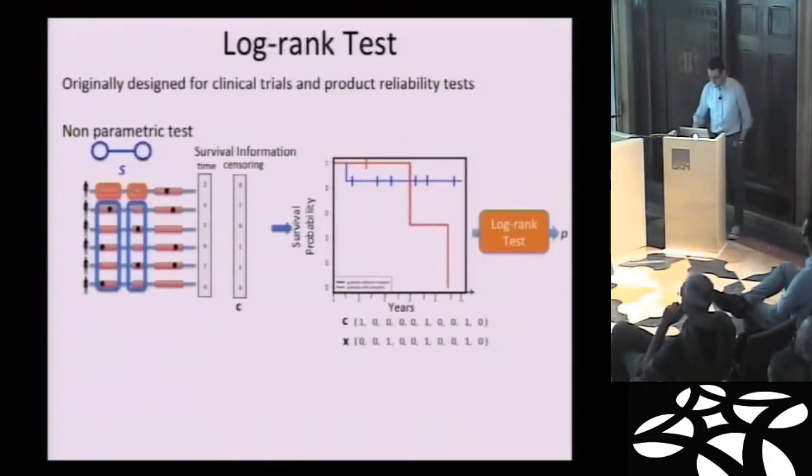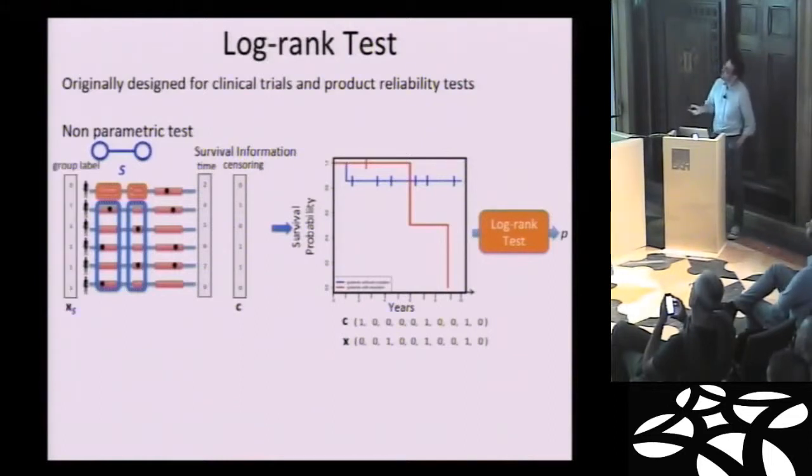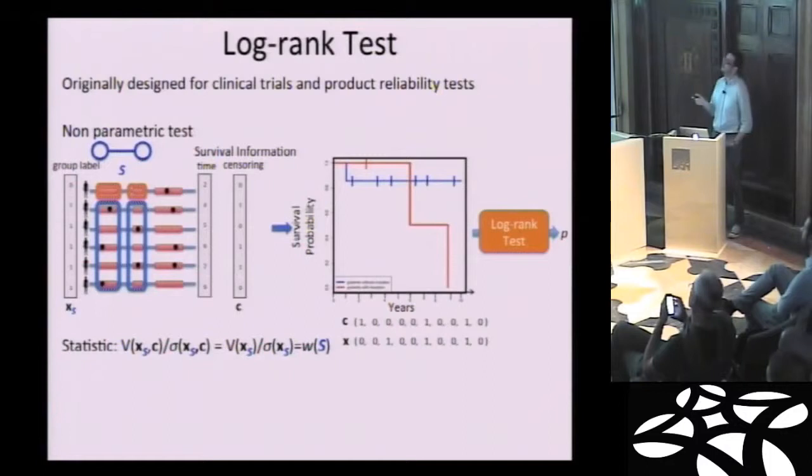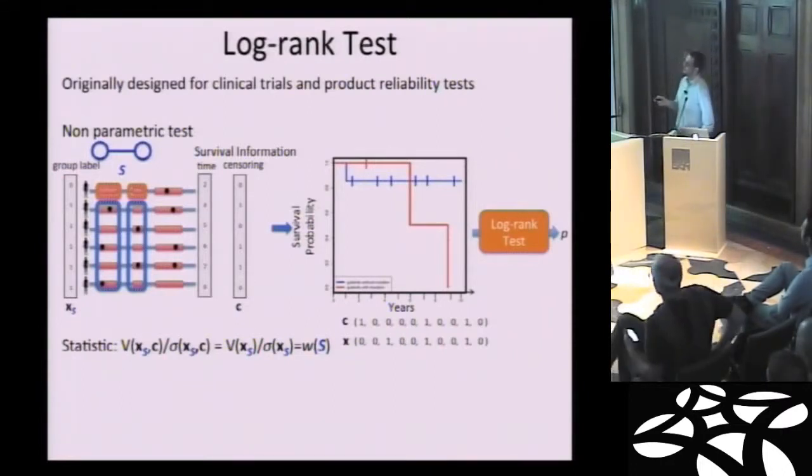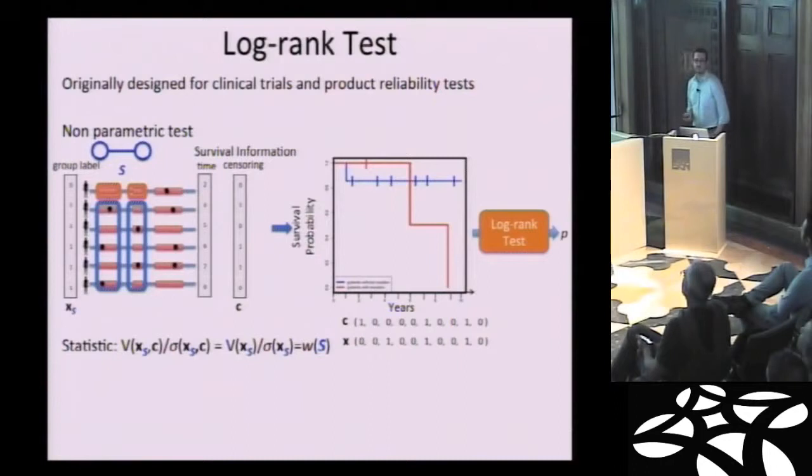So to get a bit more in detail, we can use the log-rank test as before, but now instead of looking at one gene at a time, we are looking at a set S of genes that will correspond to a subnetwork, for which we have an associated group label, XS. And now we can look at the test statistic for this subnetwork S, and we can essentially use this test statistic, or the normalized version, as a weight.